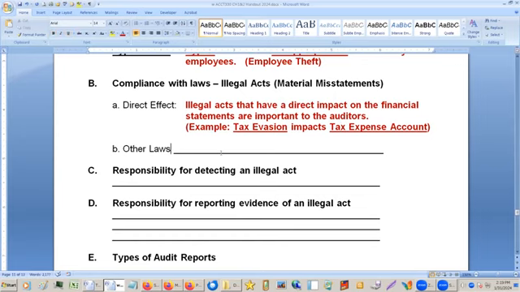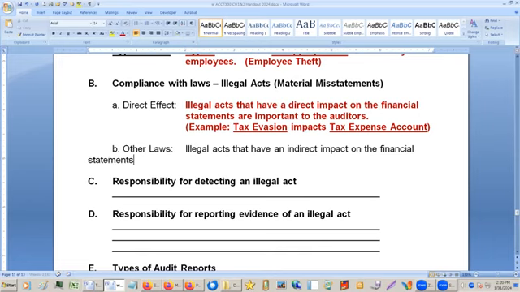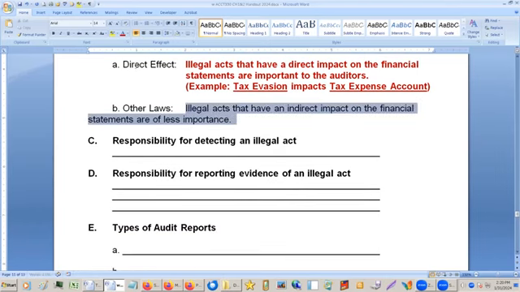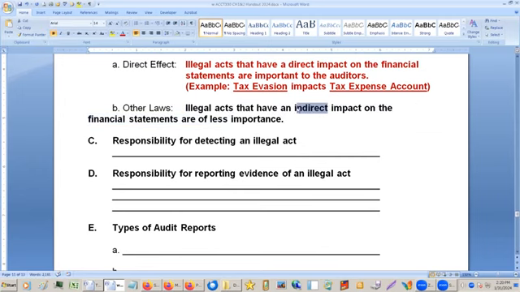Other laws, illegal acts that have an indirect impact, are of less importance.